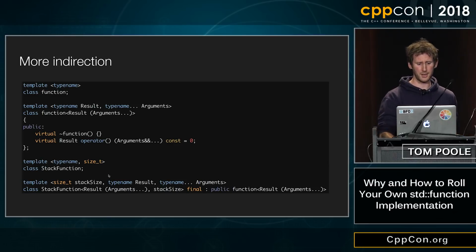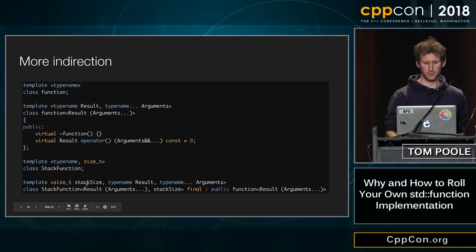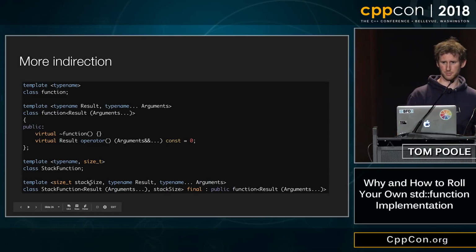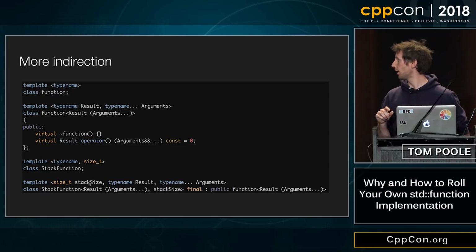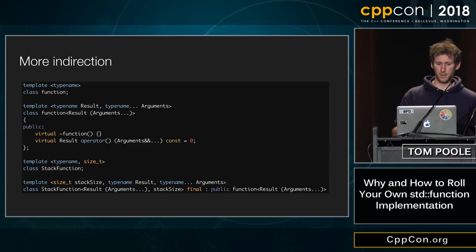The crucial thing is that these derived classes are free to change the signature, so you can have a templated stack size. Now, if you know the sizes of all the things that you're going to put in your std::function wrappers at the time that you construct them, then you can actually have optimal memory management this way. And you can still put all of these things in a list or in a container because you can use pointers or references to the base class.